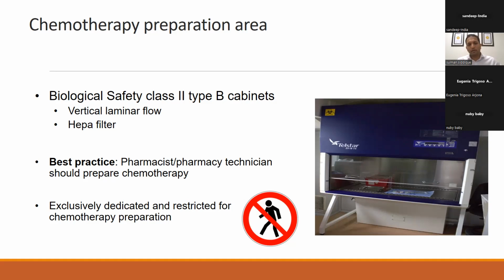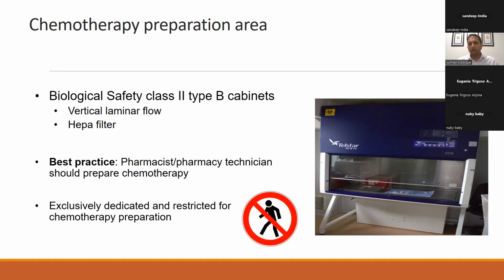The features of a biosafety cabinet, I think the two main features are that it has vertical laminar flow and HEPA filtration. So it provides a sort of decontamination, sterile environment, and air is blown from the top of the hood straight down.